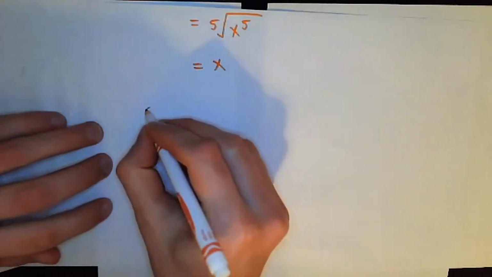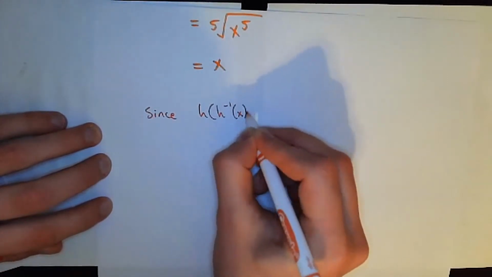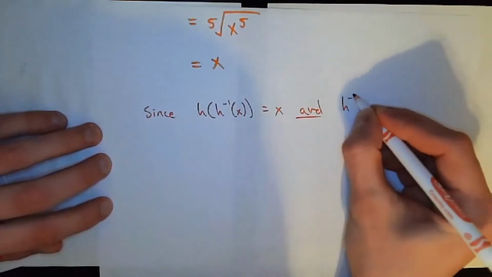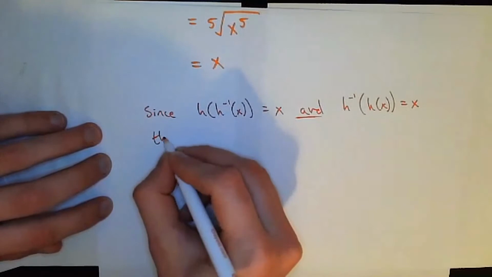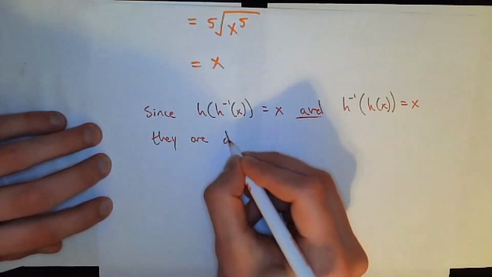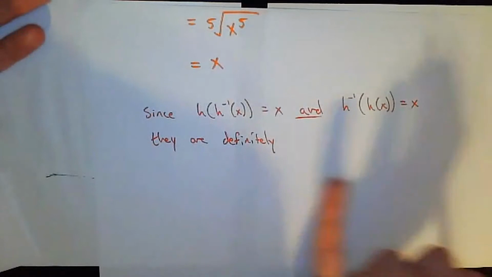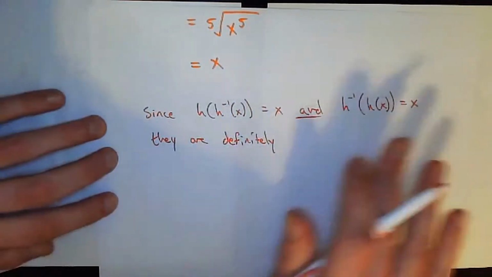Since h of h inverse of x equaled x, and because we checked both directions, h inverse of h of x equals x, they are definitely inverses. We were already sure of it because we built the h inverse function as part of a different example, but this was just confirmation.